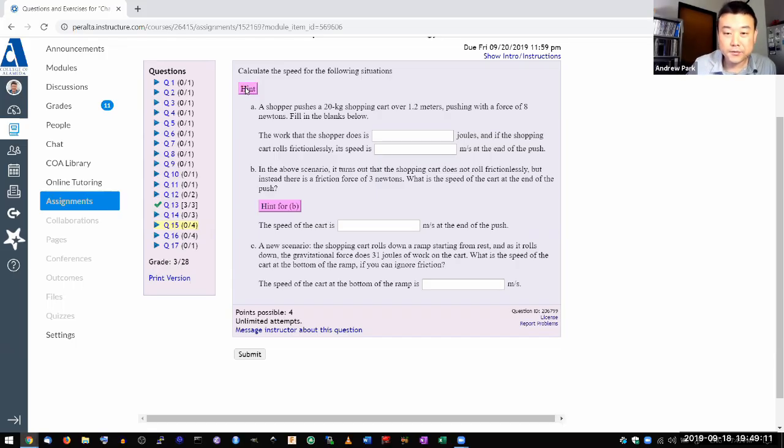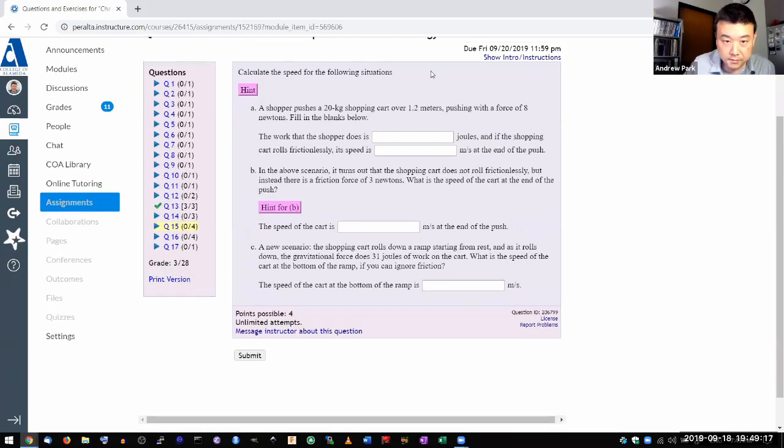So this is how you approach this question. Once again, I'm going to be using the definition of work, force times displacement or distance, and the relationship between the net work and the kinetic energy.